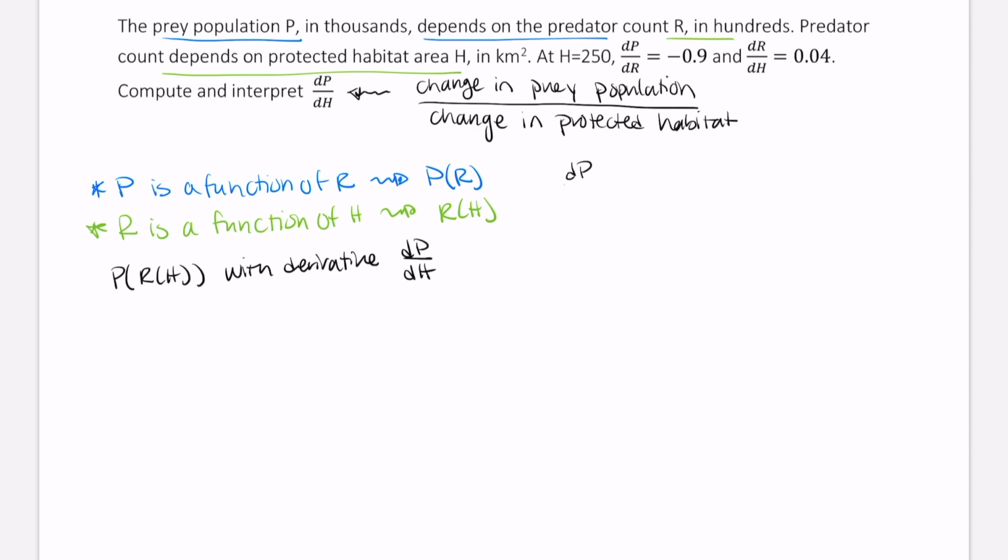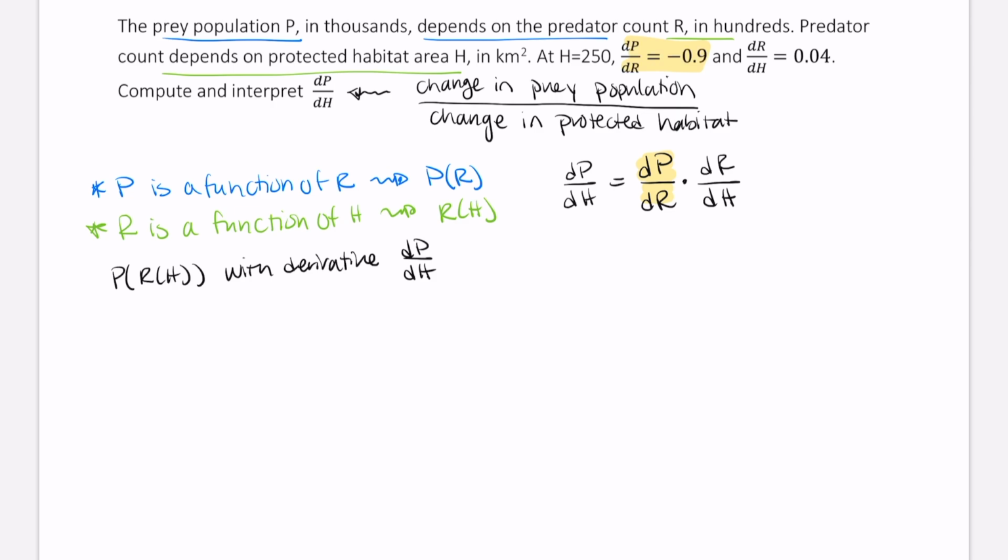Okay, so dP over dH is going to equal the derivative of P with respect to R times the derivative of the inner function, which is R, again here. So dR over dH. Now, what are all these values? dP over dR is right here.